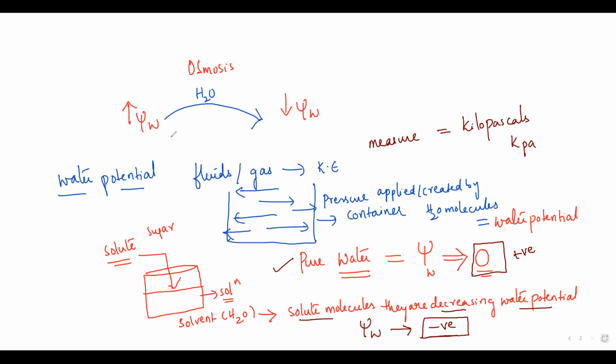Now let me take two things where the water potential on this side is higher, and here the water potential is very, very less, children. According to our osmosis process, we require a semi-permeable membrane also.